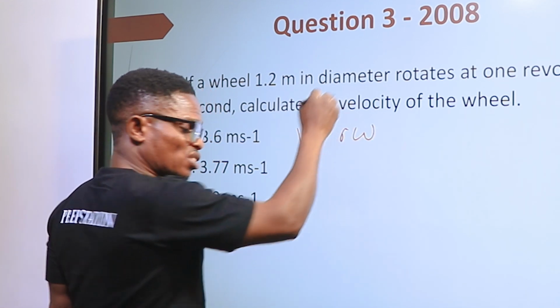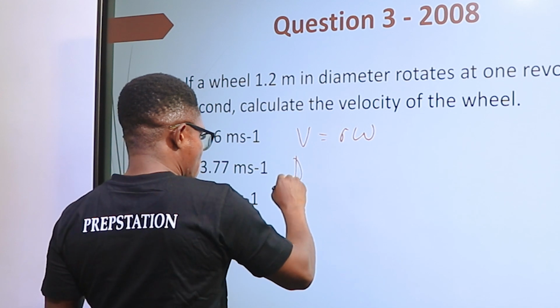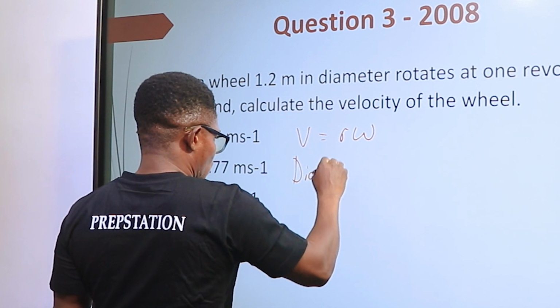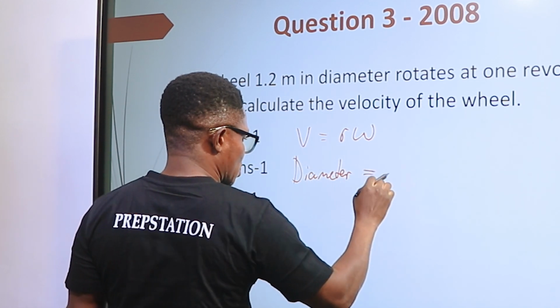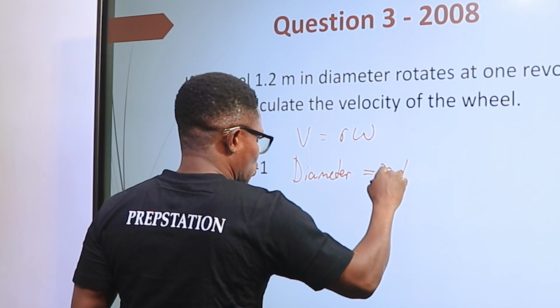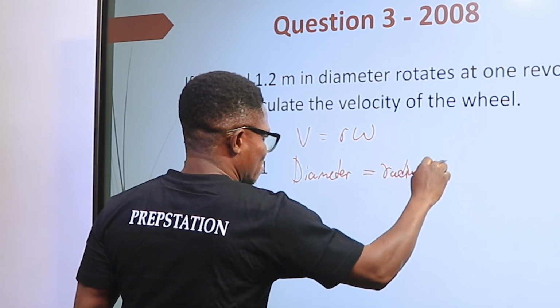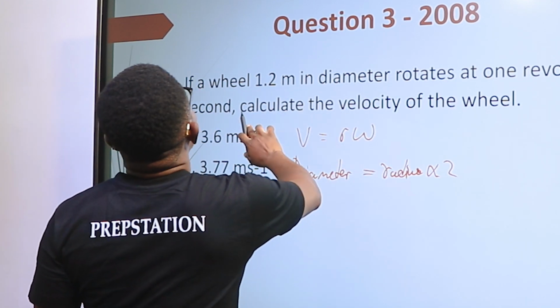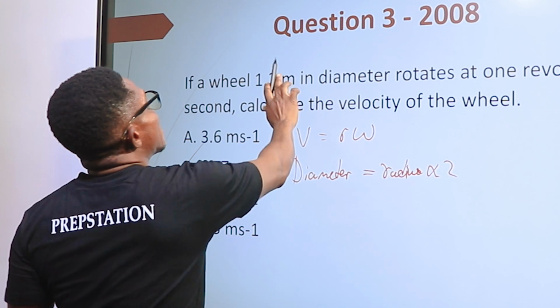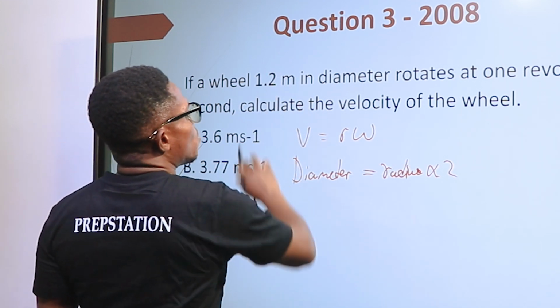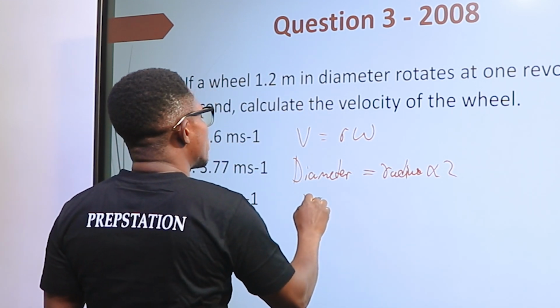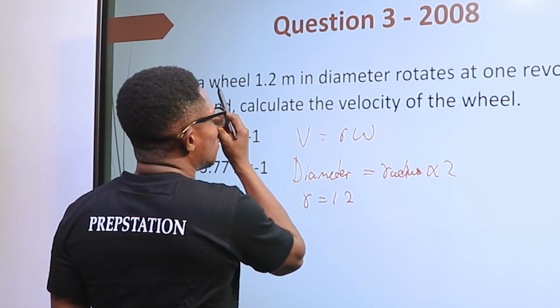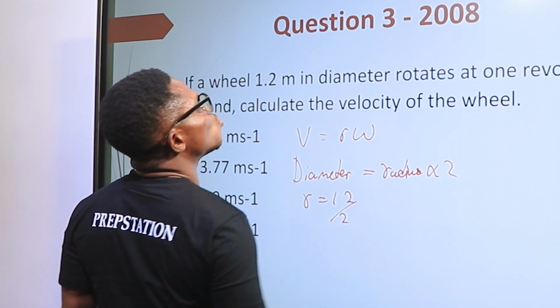Of course, according to circle geometry, diameter is equal to radius times 2. So to get the radius, all I need to do is to divide the diameter of the wheel by 2. So the radius is 1.2 divided by 2.